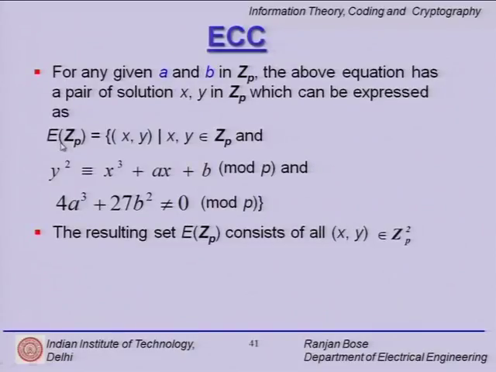So, E(Z_p) is the set of tuples x comma y such that x comma y lie in Z_p, and x and y are such that this condition is satisfied: y squared is equal to x cubed plus a x plus b modulo p. And what are a and b? Again we have put this constraint. So, the resulting set E(Z_p) consists of all pairs x comma y in Z_p squared. Basically we have found a set of points, and all we are going to do is work with this set of points.